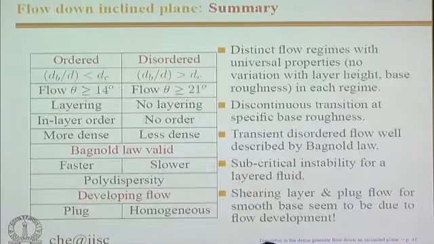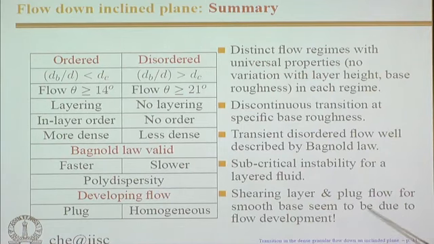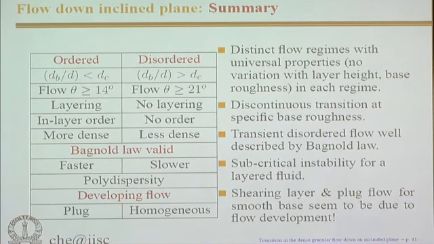So I'll just put up my conclusions here. The only thing is I sort of agree with Renaud that the shearing layer and plug flow for the smooth base seem to be due to flow development, simply because we don't have enough time to watch the flow develop to the full steady state case. At least that is what comes from this analysis. If you wait long enough, the shear layer will ultimately reach the top.